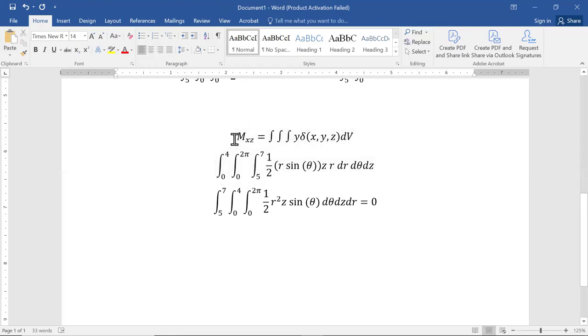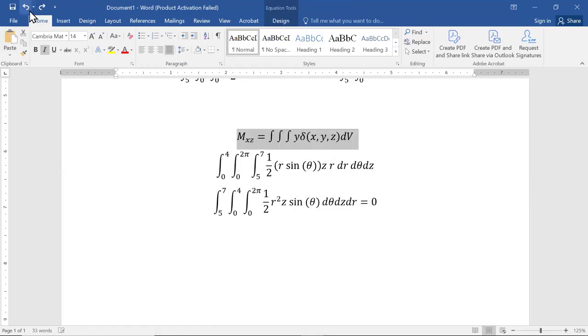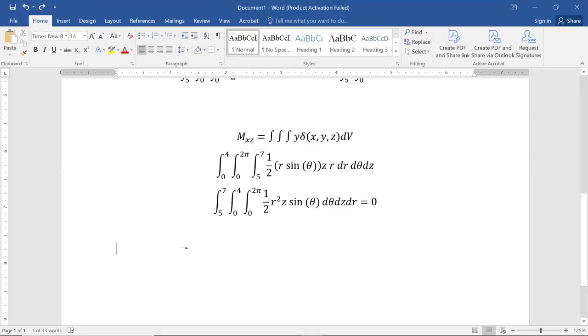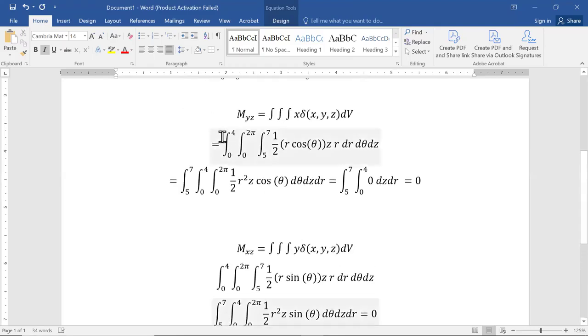Now my last moment is going to be the moment from the XY plane. In that one, I have to multiply times a Z. That's pretty straightforward though.